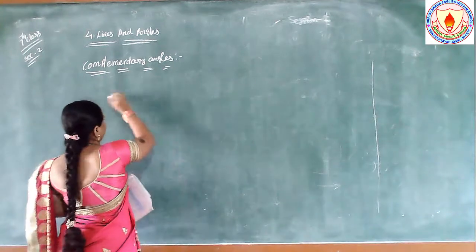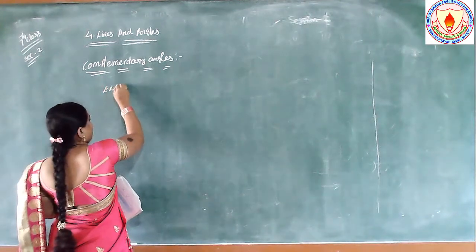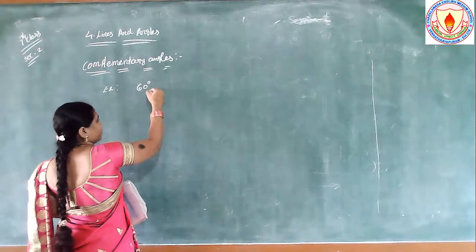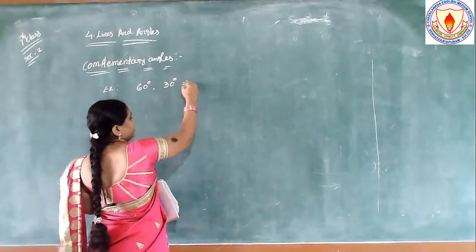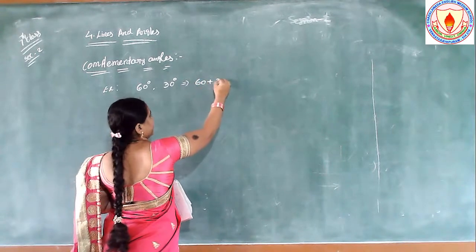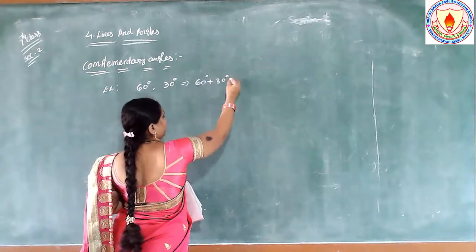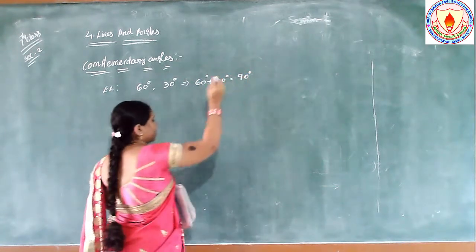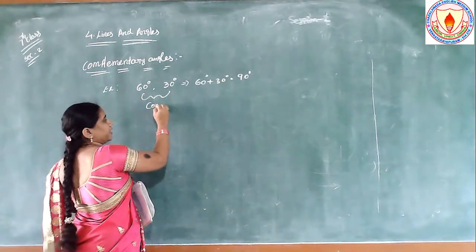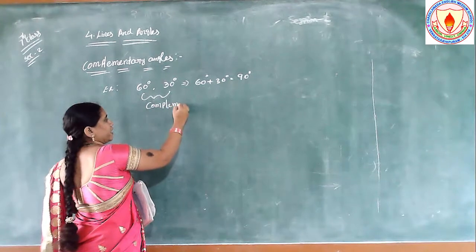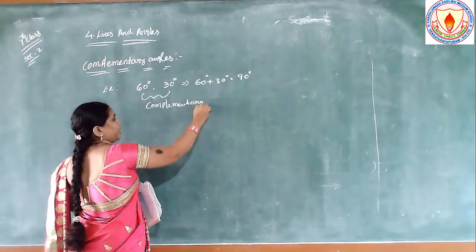Suppose, see here, I am giving examples. Suppose one angle is 60 degrees and the second angle is 30 degrees. When we add these two angles, 60 plus 30, what do we get? 90 degrees. So these two angles are called complementary angles.